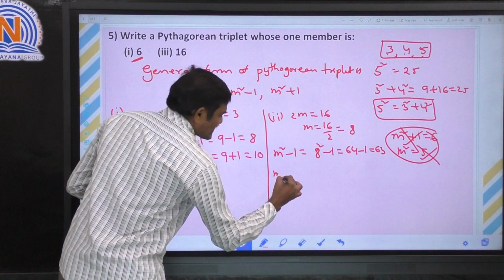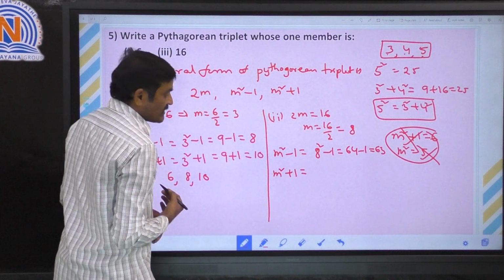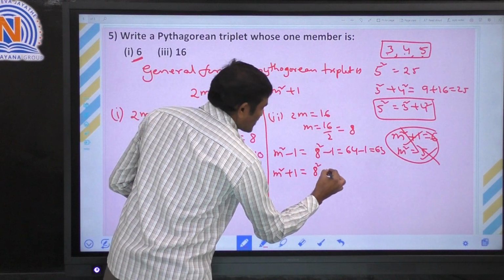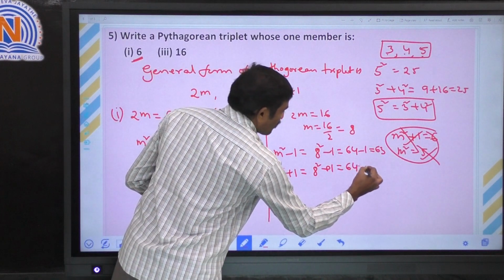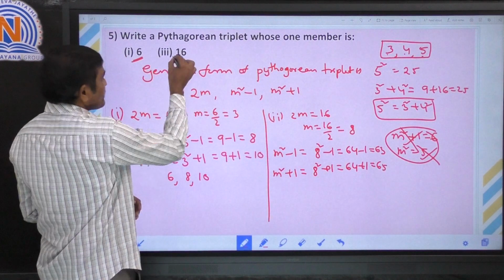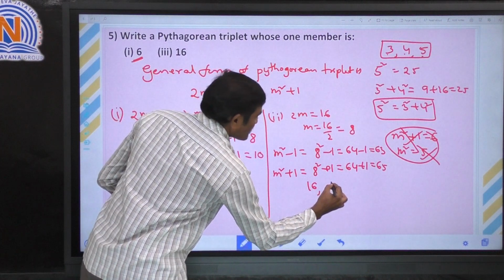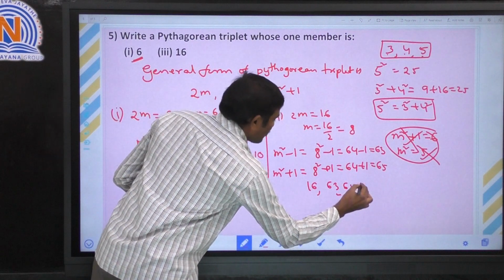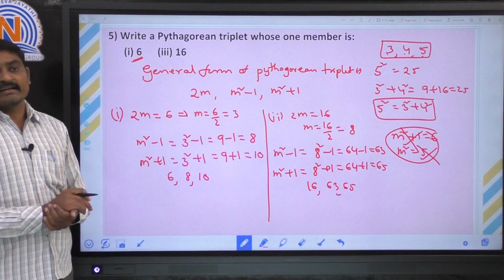Next, m square plus 1 is equal to 8 square plus 1 is equal to 64 plus 1 is equal to 65. So the Pythagorean triplet is 16, 63 and 65.